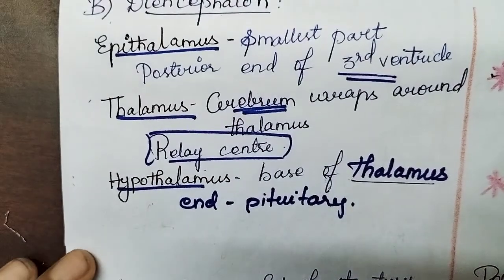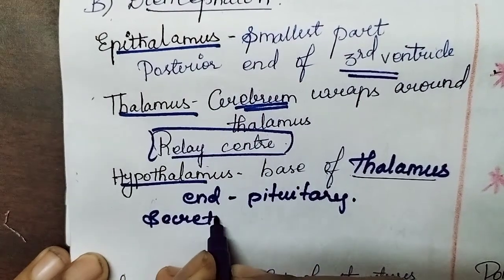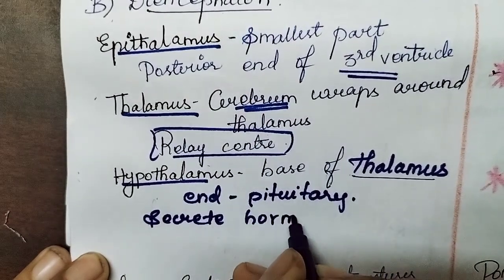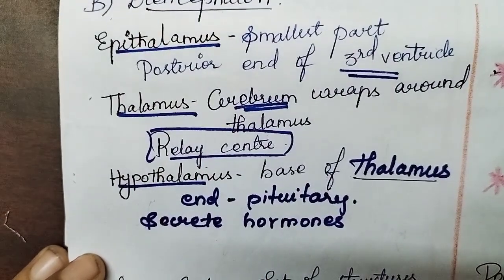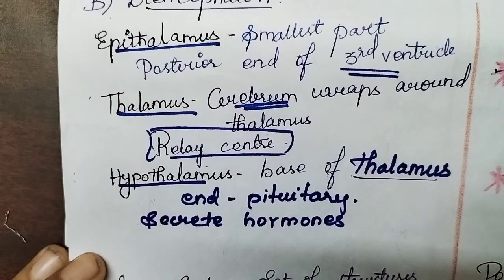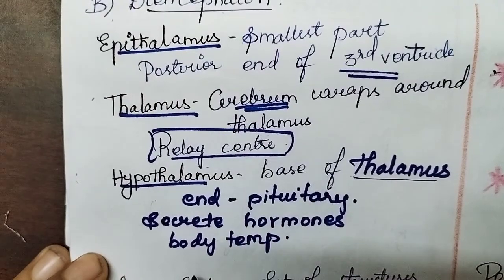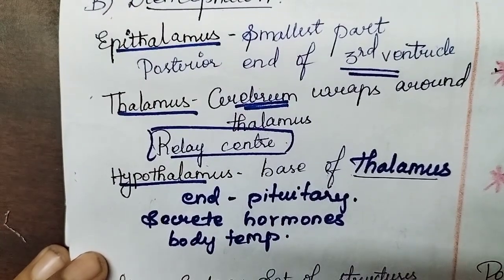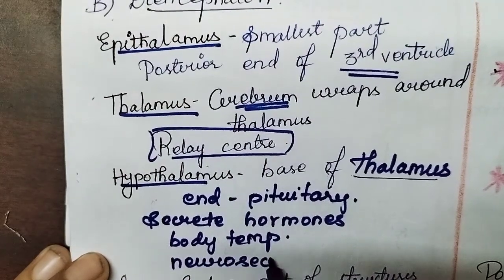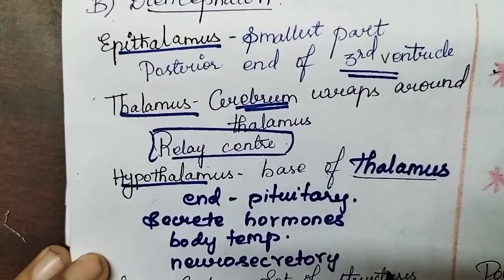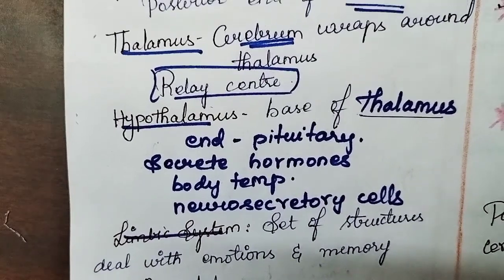They have major functions like secreting hormones, and also they control body temperature and the urge for eating. They also have neurosecretory cells present.